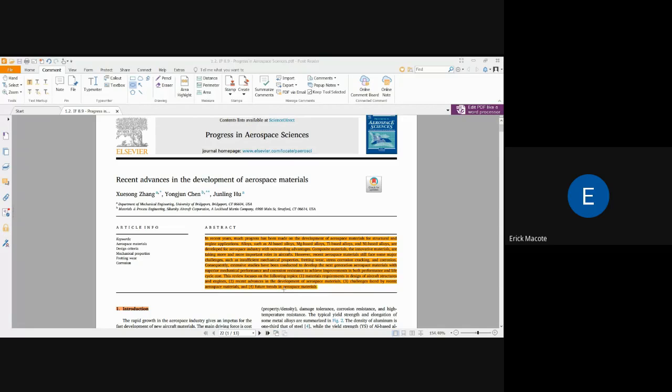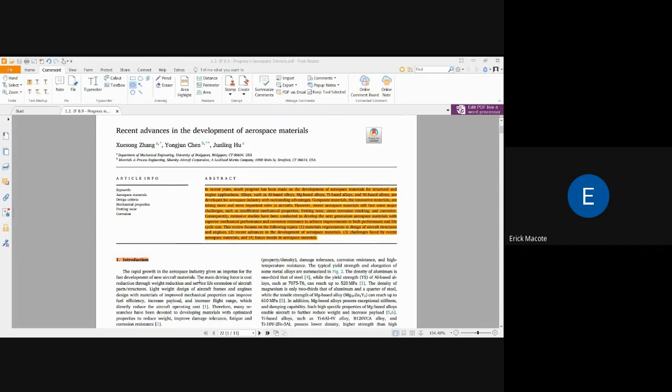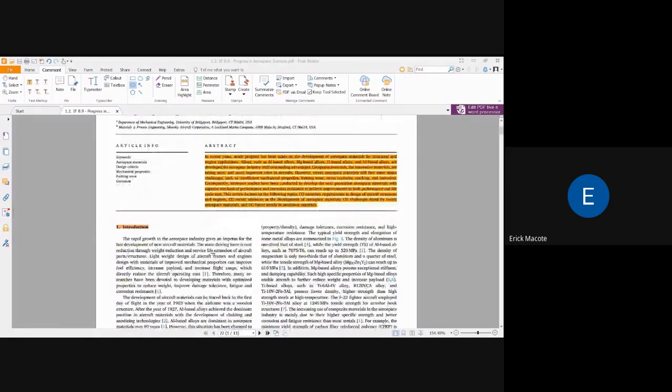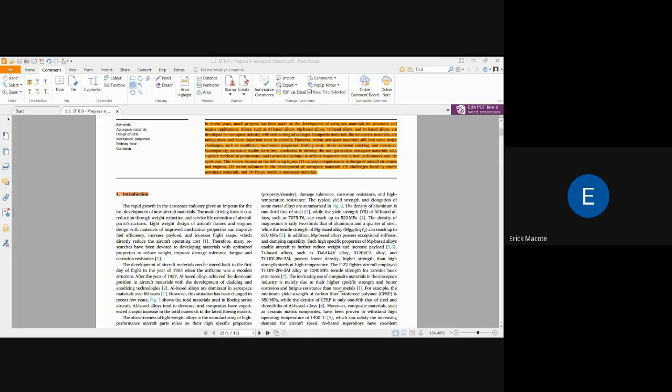Today I'm going to talk about the recent advances in the development of aerospace materials. This paper aimed to review the recent advances of major aircraft materials. As a result, studies have been conducted to develop materials with superior mechanical performance and corrosion resistance to fully improve both performance and life cycle cost.